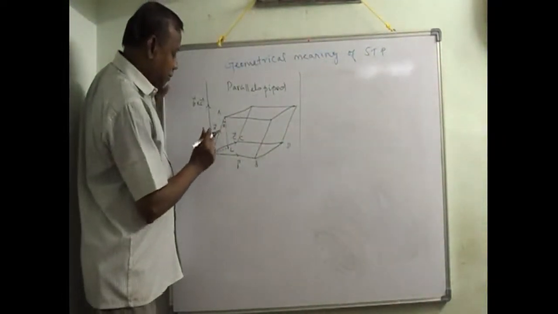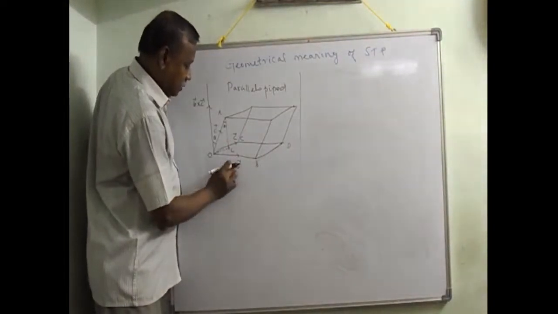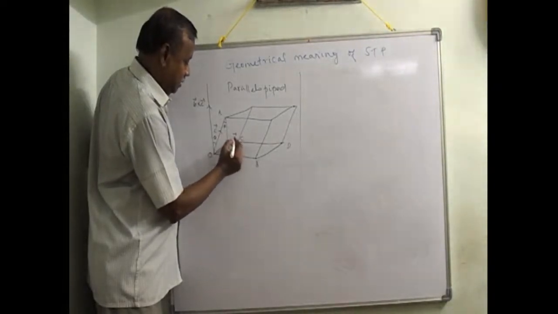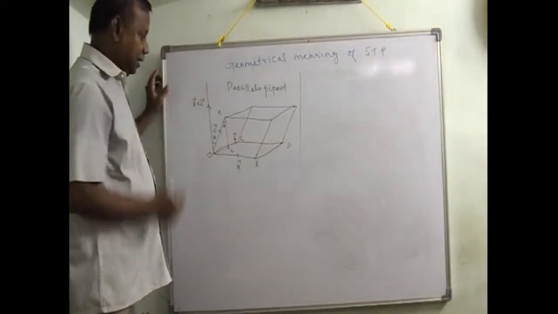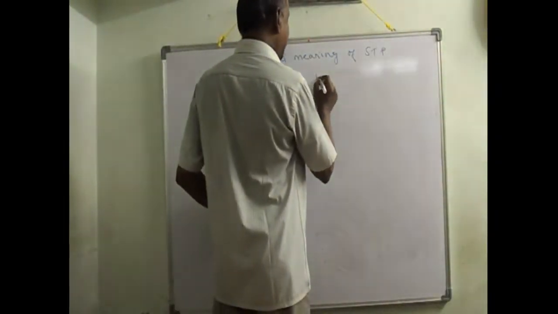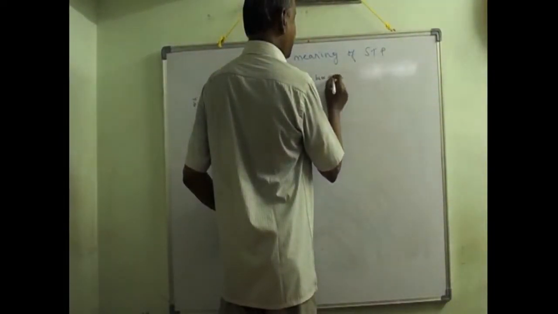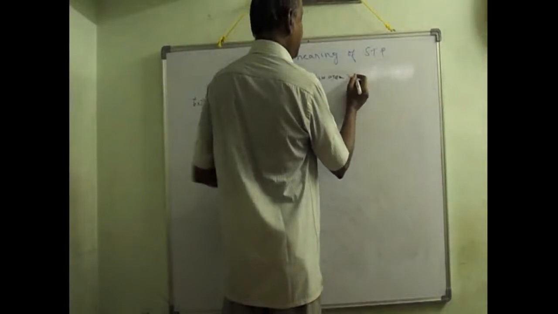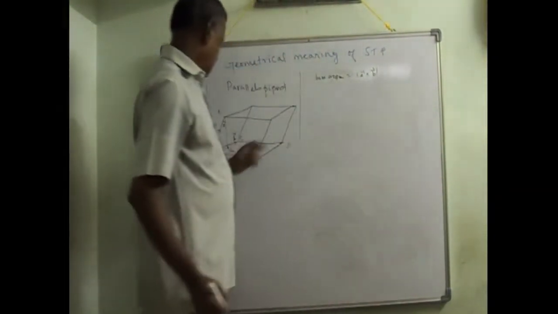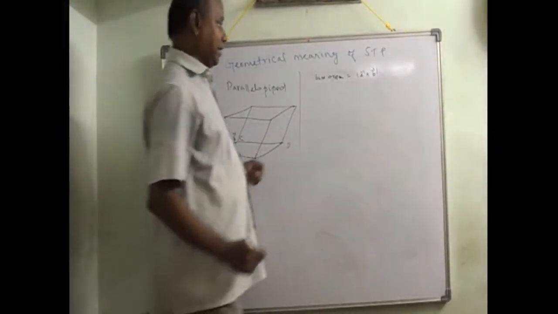Now replace A vector by C vector, B vector by A vector, and C vector by B vector. Here the base area is equal to the modulus of A vector cross B vector, and another edge is C vector.